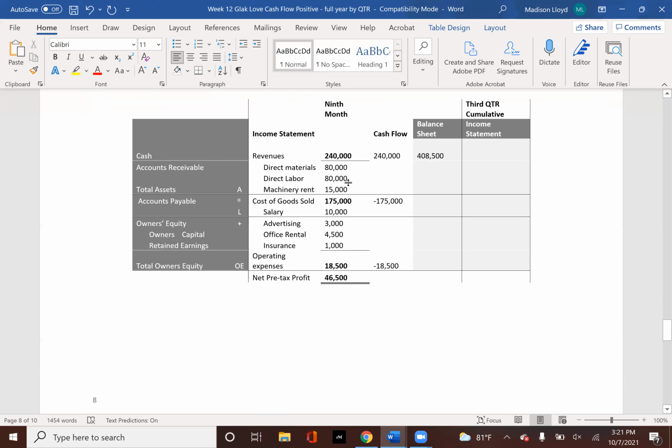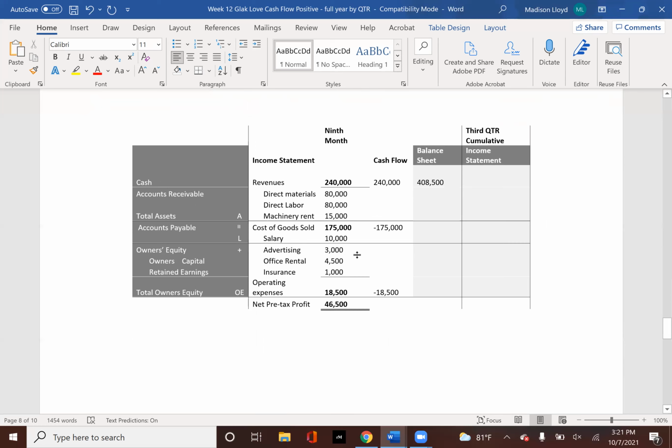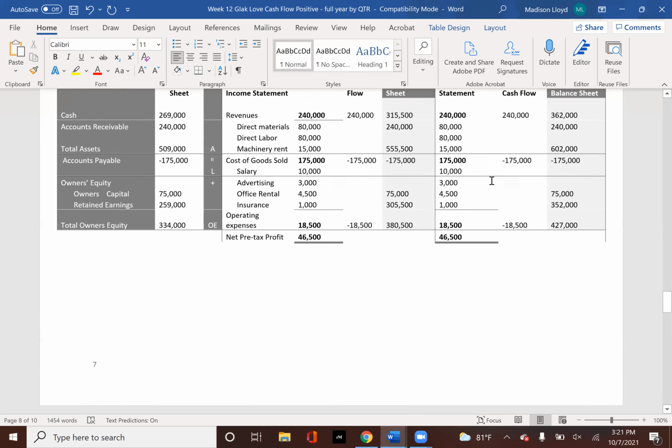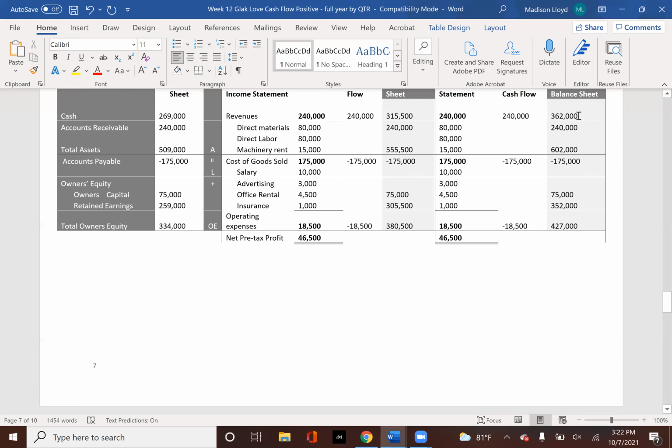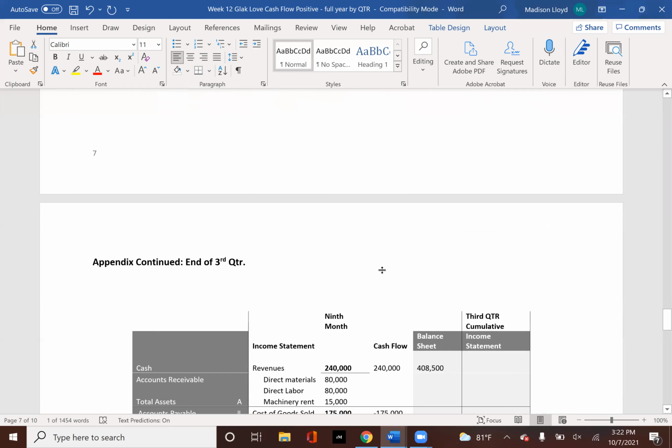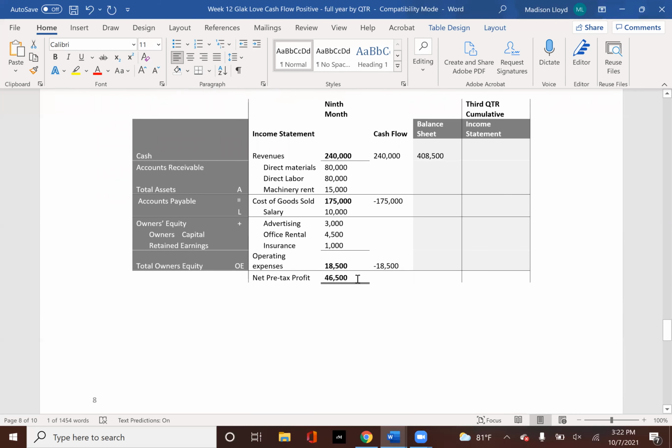So I just explain it like that because in the real world, obviously, you're going to take your assets and you're going to have to subtract all of these expenses. You're not going to take your last cash plus this month's profit to get this much cash. So it's just easier to explain it that way. But another way is to take last month's cash balance, $362,000 plus this month's profit, $46,500, and you get your available cash, because that's what you have left over out of all of your expenses.